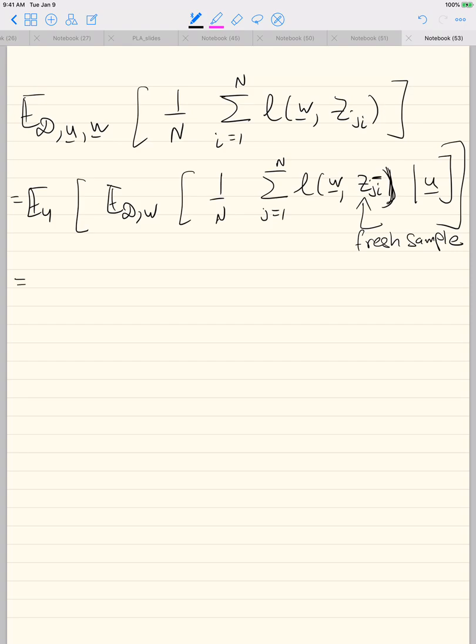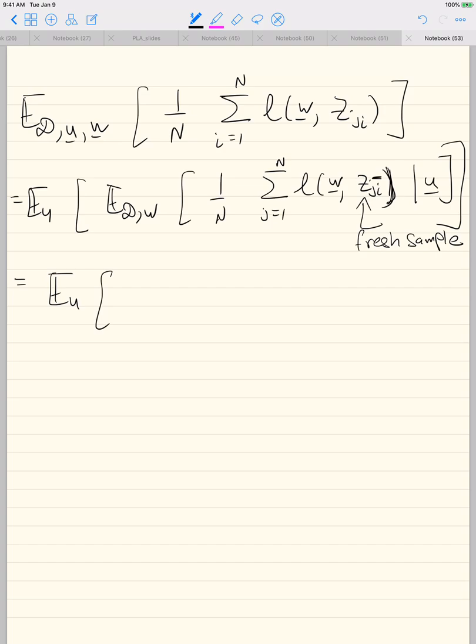So we can rewrite this simply as E_u. When you're looking at this inner expectation, z_ji was sampled from the distribution P_Z, and W is independent of it because W depends on the training set.